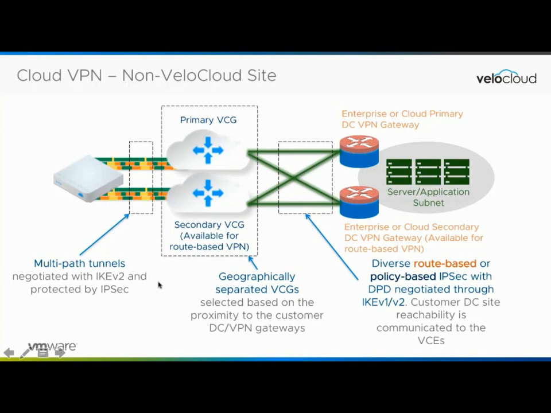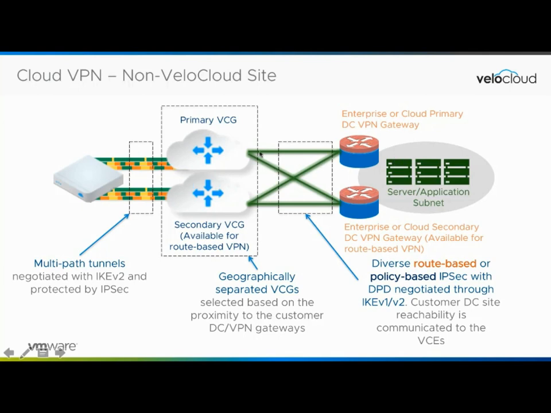Similarly, it goes with the non-VeloCloud site. Non-VeloCloud site is a site where you don't have a VeloCloud edge device. In that case, we'll build up an IPsec tunnel from the gateway to that non-VeloCloud site. Once the IPsec tunnel is built up, I don't have to build up an overlay from all my thousands of edge devices to that single non-VeloCloud site.